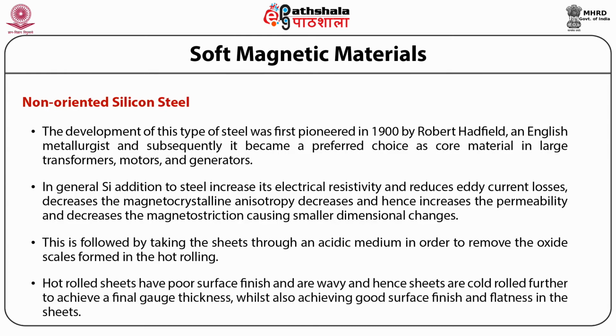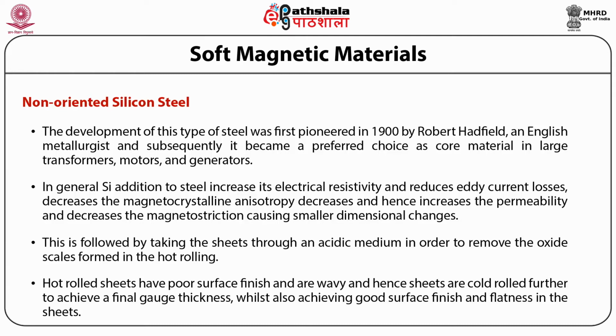Hot rolled sheets have poor surface finish and they are wavy, and hence sheets are cold rolled further to achieve a final gauge thickness whilst also receiving good surface finish and flatness in the sheets.